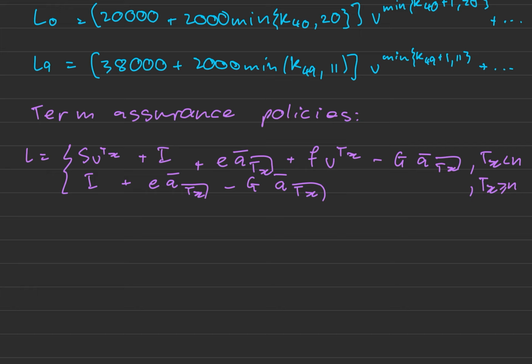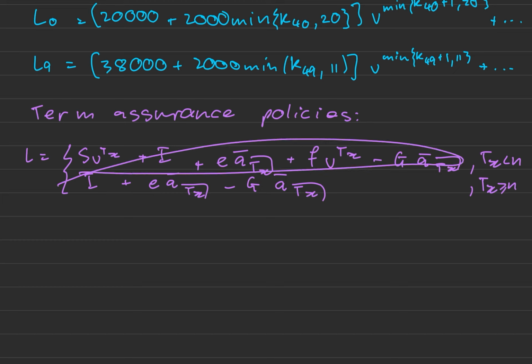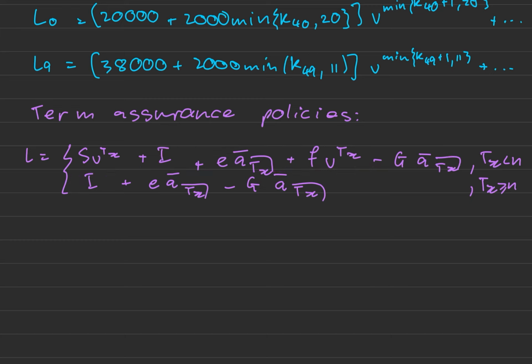But instead of whole life assurances, where it must pay for eternity, I'm capping this and only giving them cover until the end of the contract, which is n years. So if they die within n years, that is, their complete future lifetime, now age x, is less than n, then it looks exactly the same as my whole life assurance did.